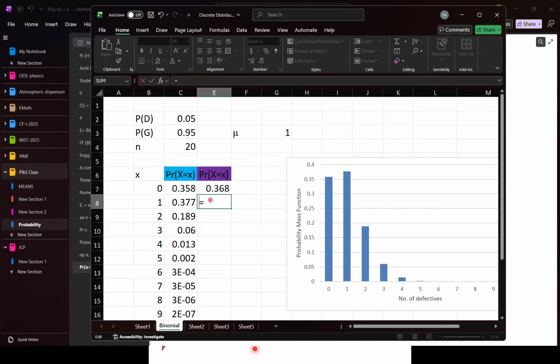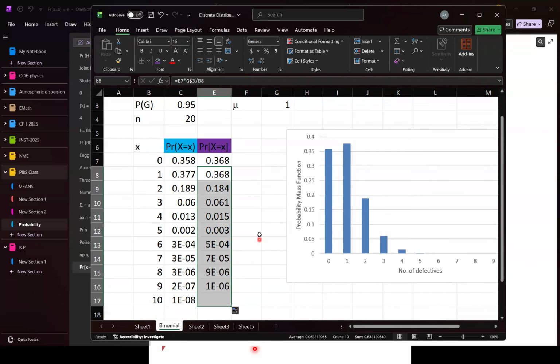The previous calculation times the mu value, G dollar 3, and then divided by the current value of x, which is 1 more than the previous value of x. So recursively we get this value, and then we can perform further calculations in a recursive way.